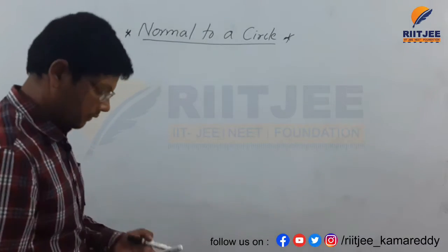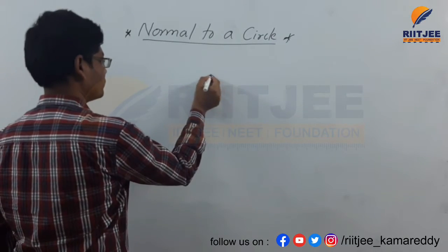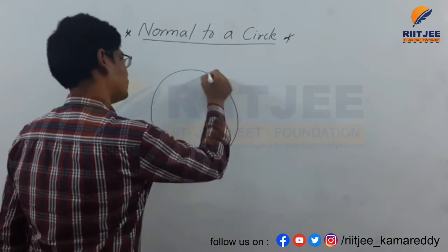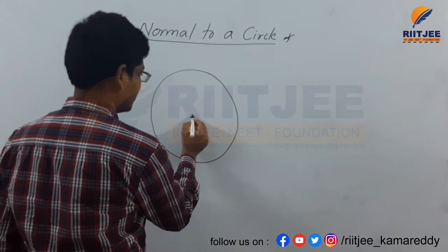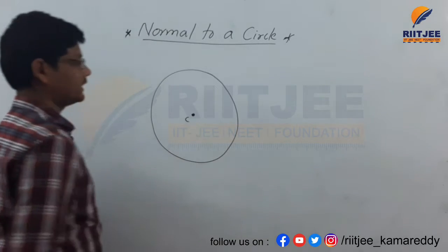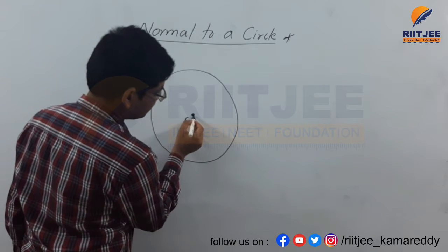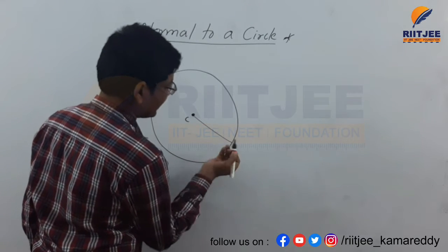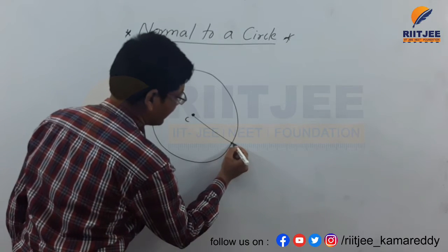I am taking one circle here. This is the center C, with a radius R. This point is called the point of contact.